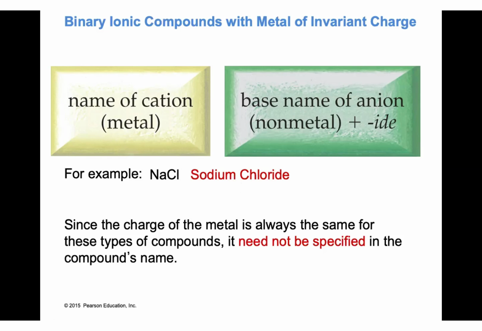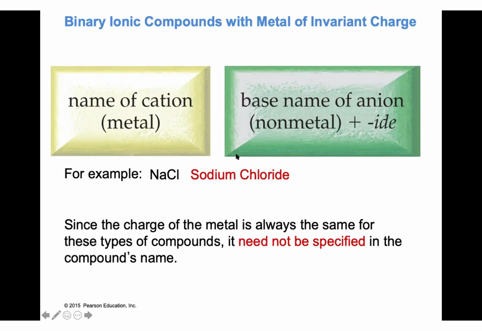You might ask, why -ide? Because the name of the non-metal Cl in the periodic table is chlorine, but we remove the -ine and add -ide to it. So it will be sodium chloride. Why?